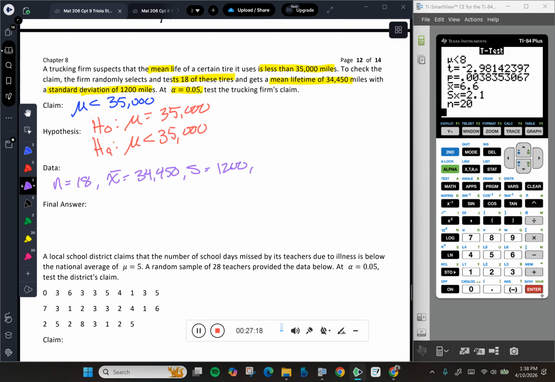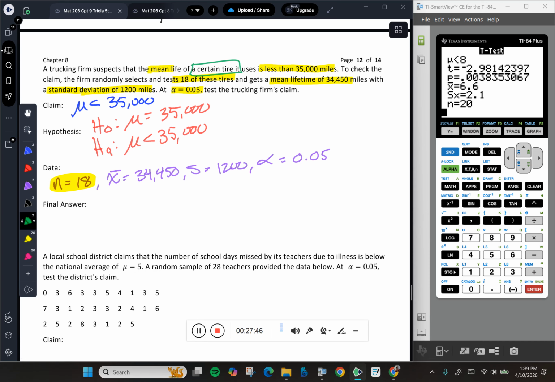Okay. All right, I got a problem. That's not enough. And nothing in this problem tells me that I have a normally distributed data set that this sample came from. There's nothing in here that tells me that the population of these tires is normally distributed.